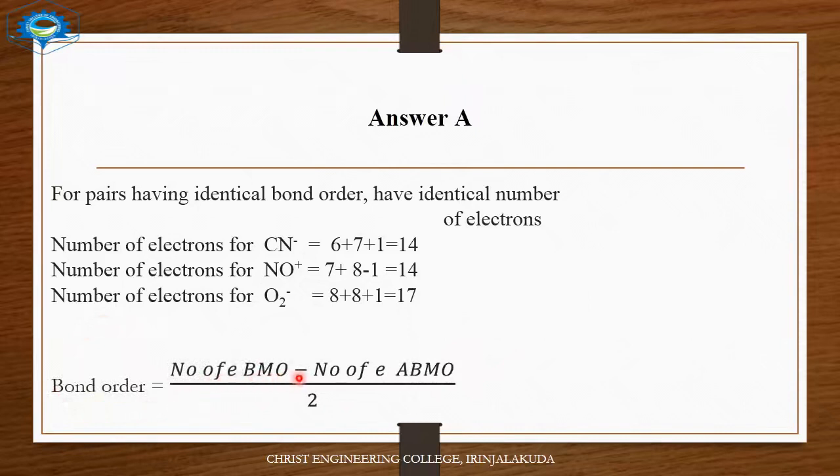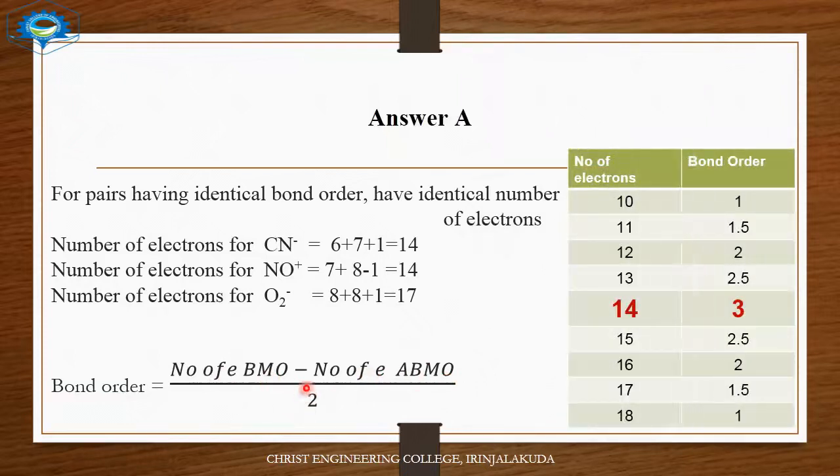That is, bond order is equal to the number of electrons in bonding molecular orbitals minus the number of electrons in anti-bonding molecular orbitals, divided by 2. You need not remember this equation, but remember this table. That is, if the number of electrons is equal to 14, then the bond order of that molecule will be 3.